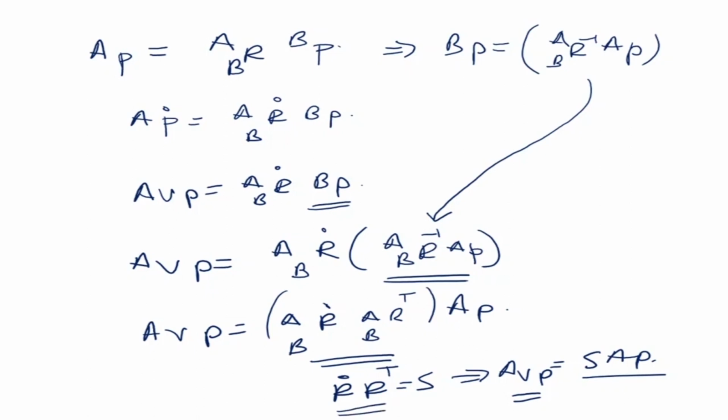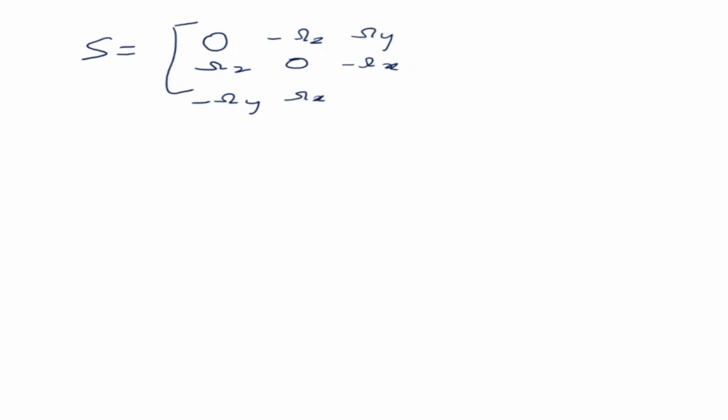Now the skew symmetric matrix S is equal to 0, minus omega Z, omega Y, and here it is omega Z, 0, minus omega X, and here it is minus omega Y, omega X, and 0. This is the skew symmetric matrix R dot into R transpose.